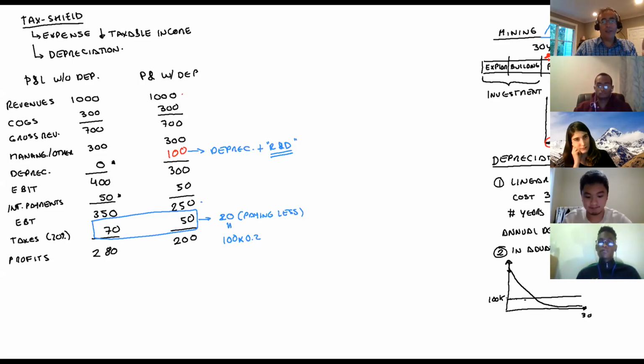In Latin America, I've seen competition between Ecuador, Peru, and Chile for getting corporations and big investments. So they compete. One way of competing is to say, you know what, I will not charge you 20%, I will charge you 10% for the first 10 years and 20% after that, or I allow you this type of accelerated depreciation. There are a lot of things that governments try to do to attract investments, right?